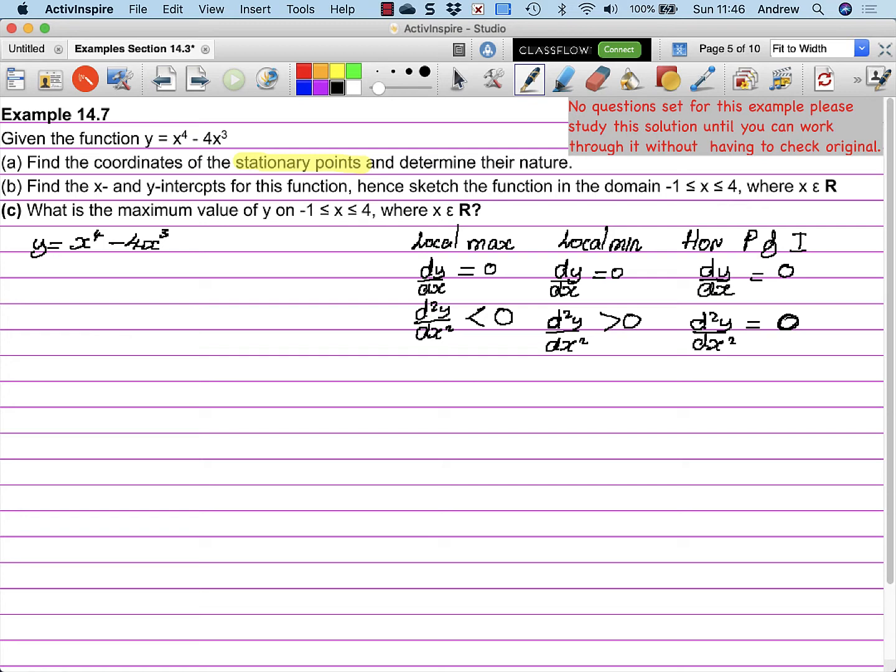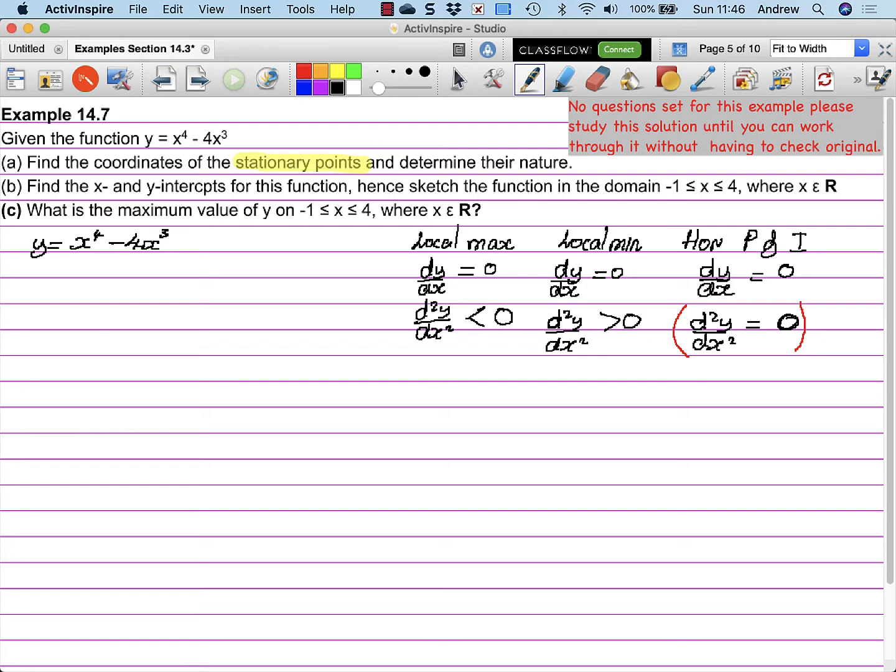For our course. Now please note, generally speaking, the formula for point of inflection is purely that. But generally speaking, a point of inflection is not a stationary point. A horizontal point of inflection is.